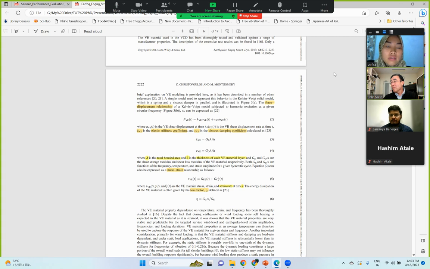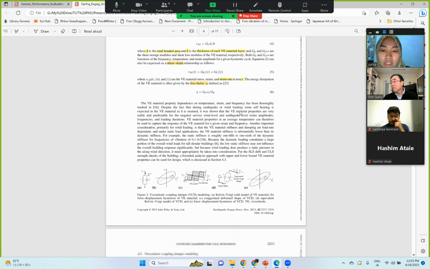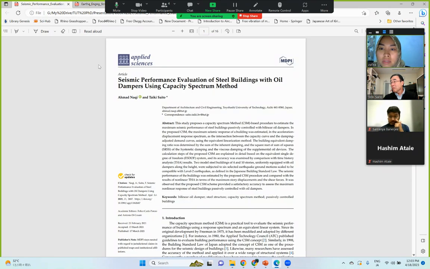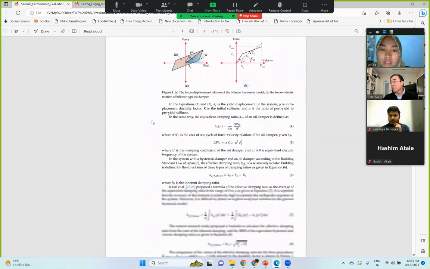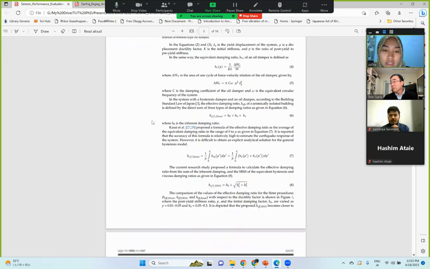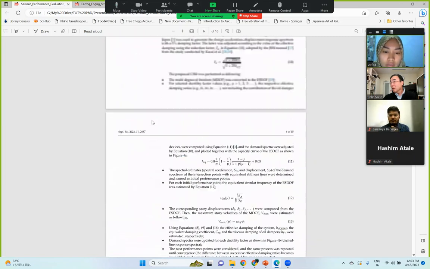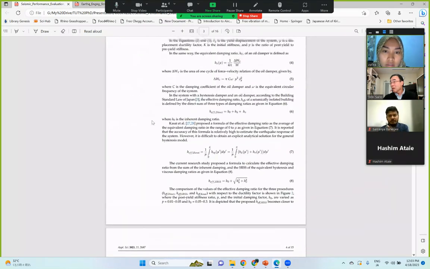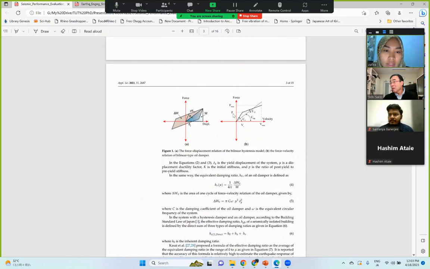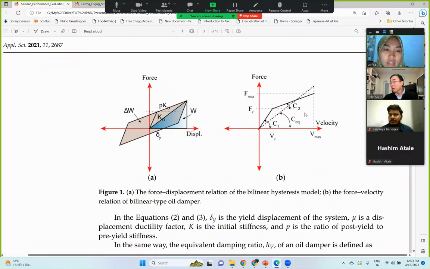Based on your summary of the paper of Nike-san, I realized that we have the effective damping here. In this graph we have C1 and C2.